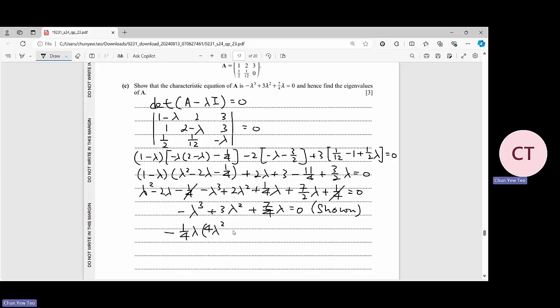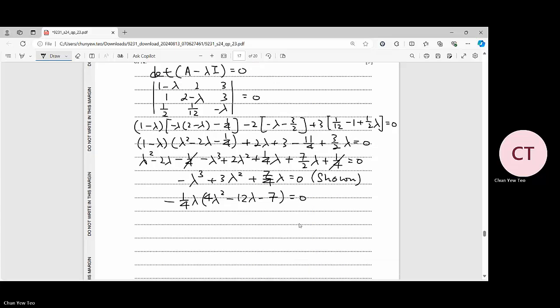This one becomes 4 lambda square minus 12 lambda minus 7. Then you try to factorize it.